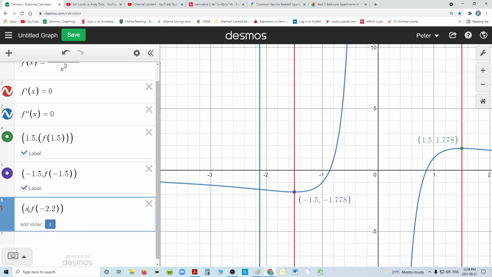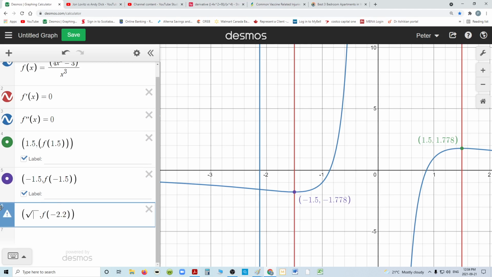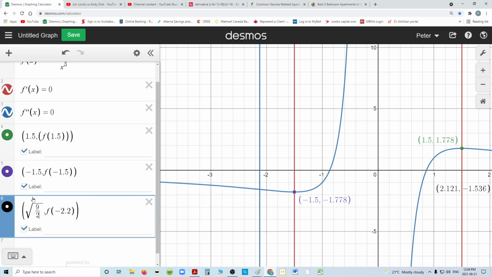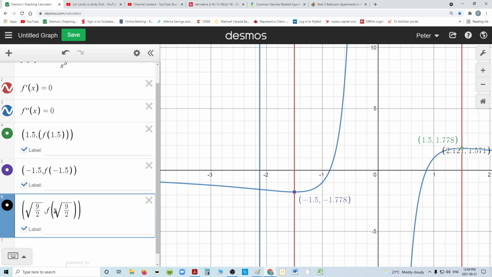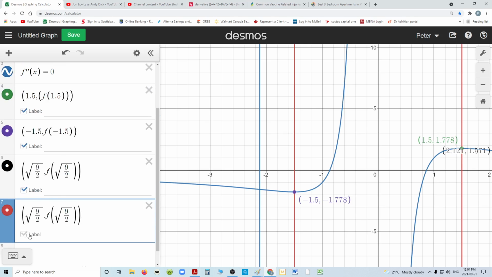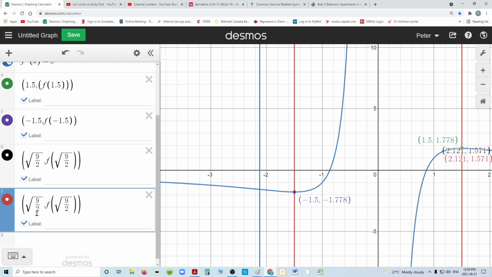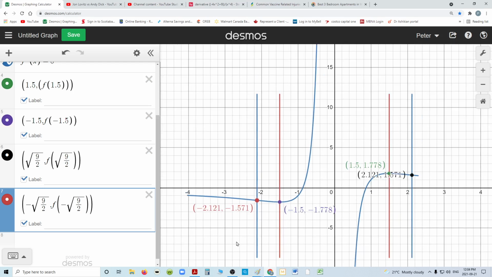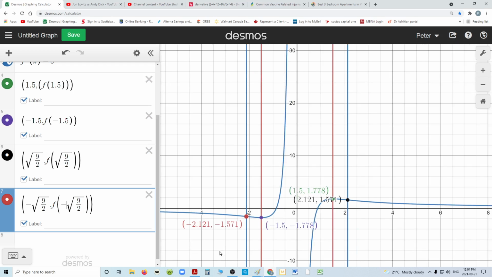I guess I can do the square root of 9 over 2, comma, f of the square root, 9 over 2. So that's that one. And then I can make another one where I make them both minus. So there's the inflection points where the graph starts to turn and flatten out.